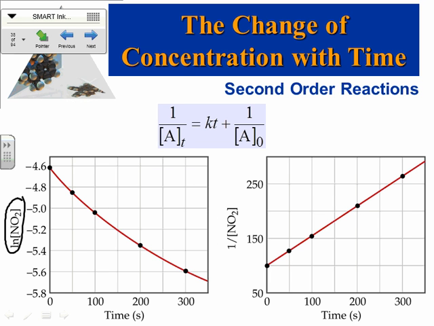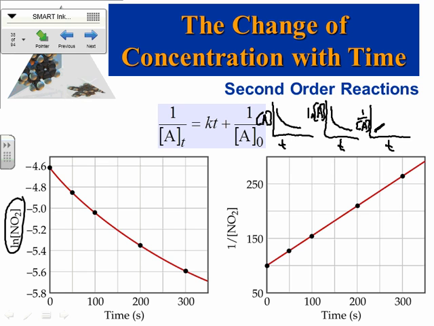So again, they might give you all 3 graphs, and they might say, here are 3 graphs for a reaction. They give you the concentration of A versus time. They give you the natural log of A versus time. Sorry, I don't have a lot of room for this. And then they give you 1 over the concentration versus time. And the concentration versus time looks like this. The natural log of the concentration versus time looks like this.